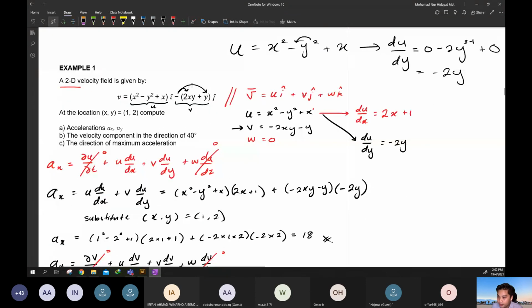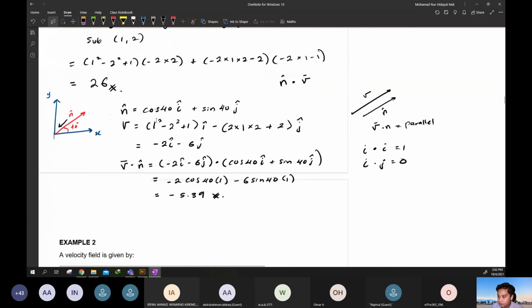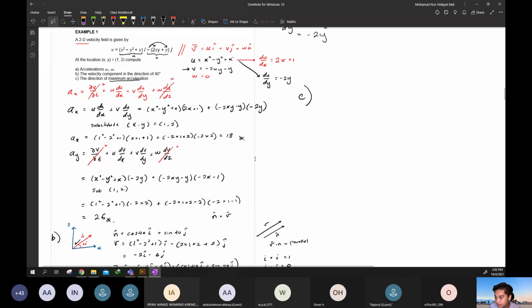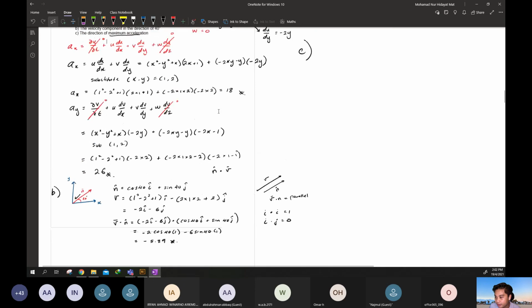And finally, the direction of maximum acceleration. So we do this one last. We know that this is C. In order to get the direction of maximum acceleration, we need to know the acceleration first. So where is the maximum acceleration? Is it AX or AY?